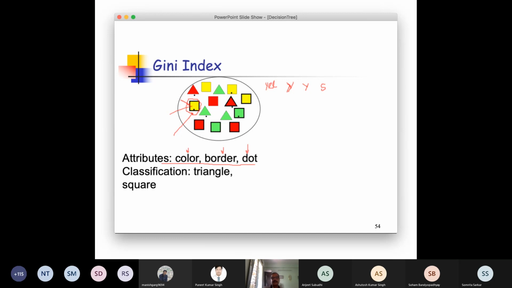From each sample you can get this kind of training example. So how many are there? 4, 7, 8, 11, 14. There are 14 samples. Now we are trying to compute the Gini index based on different attributes, say color, border, etc.